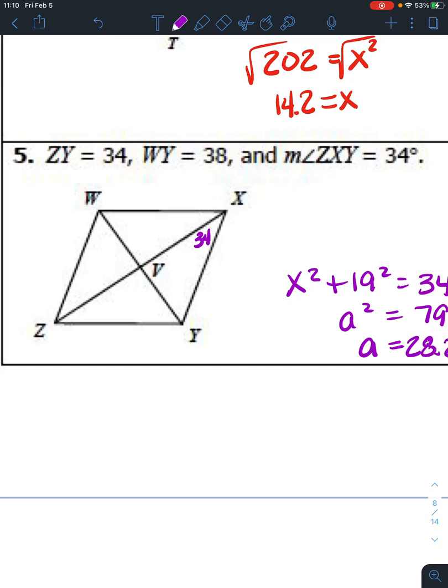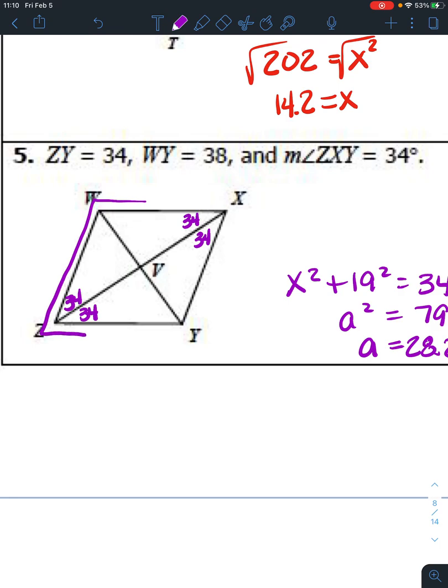Well, I know that the angles have been bisected. So if the angles are bisected, then that means that those are both 34. I know that the opposite angles are congruent because it's a parallelogram. So those are 34. So I have a couple of options of how I can go.